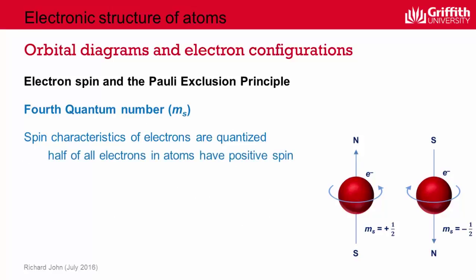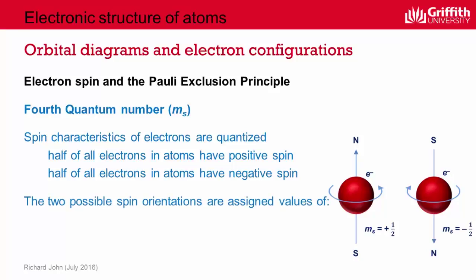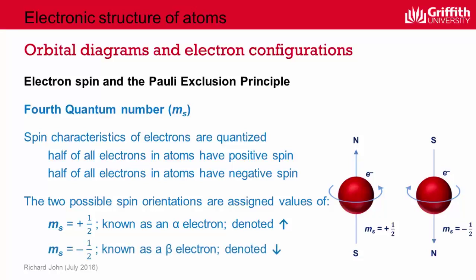Now, given that there are only 2 possible outcomes, the spin characteristics of electrons are quantized, with half of all electrons said to have a positive spin and half of all electrons in atoms said to have negative spin. So the 2 spin orientations are therefore assigned quantum number values of ms equals plus a half, and these electrons are known as alpha electrons, denoted by an arrow pointing upwards, and ms equals minus a half, which are known as beta electrons and denoted with the arrow pointing downwards.